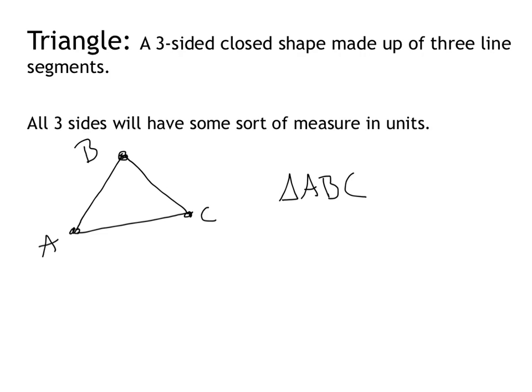It is triangle ABC, where we have line segments AB, BC, and CA. Right now, we don't have any linear measures for them, but in reality, we know that every line segment has some sort of measure.